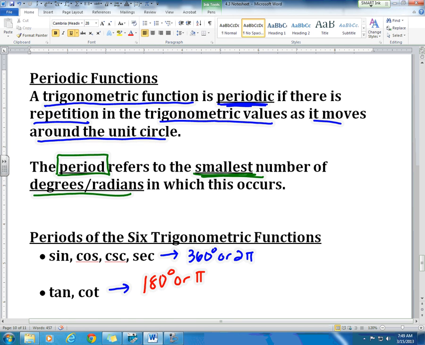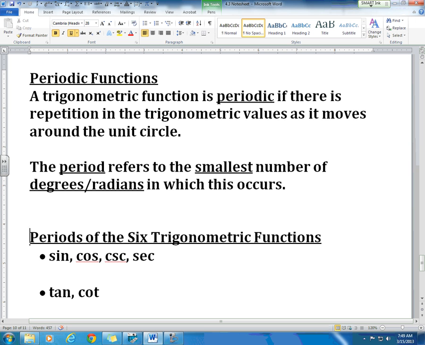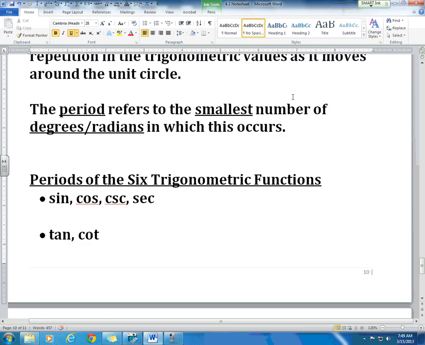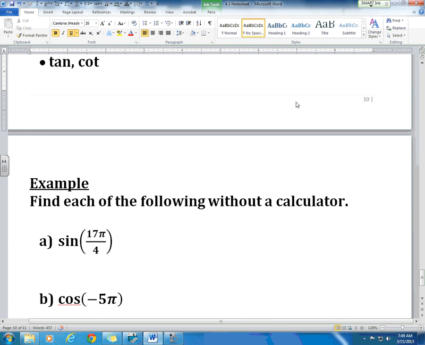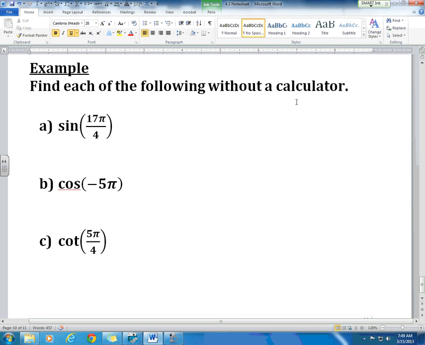We're going to run through a couple of problems on the next screen that illustrate the use of the functions being periodic. And then we're going to be completely done with this section. This example says find each of the following without a calculator.